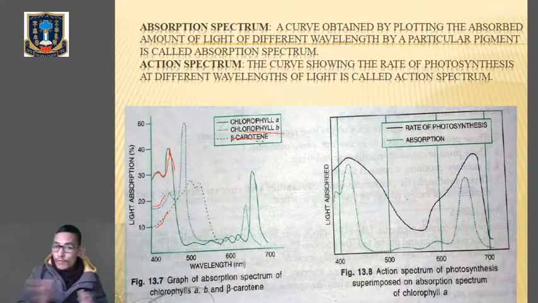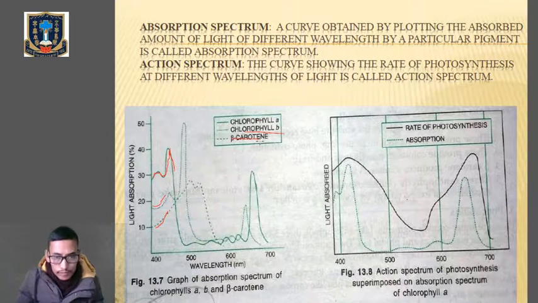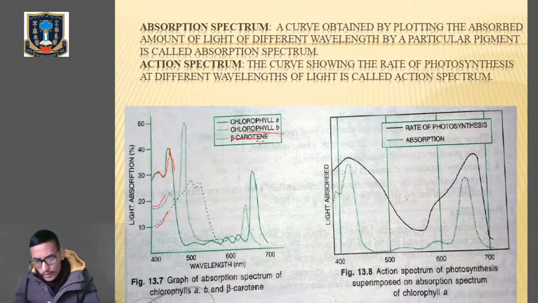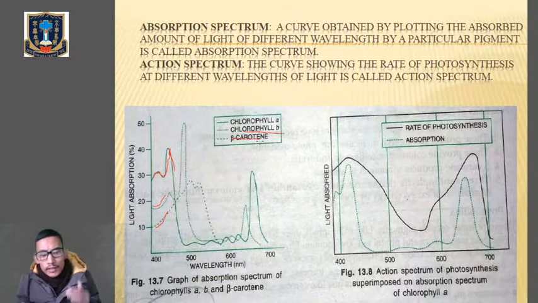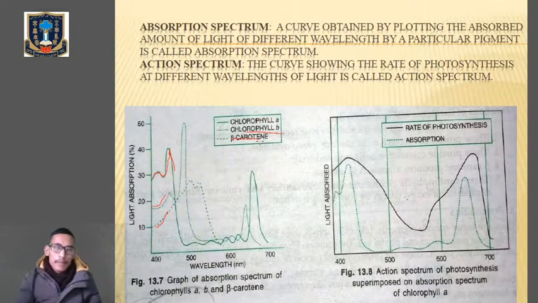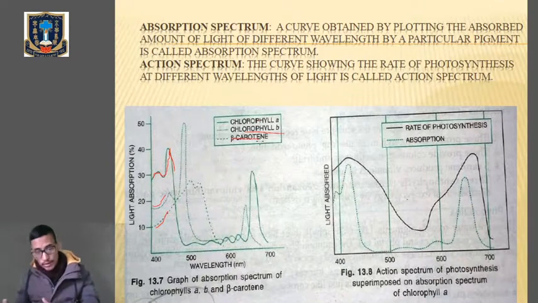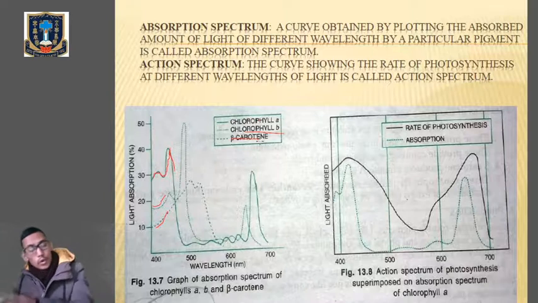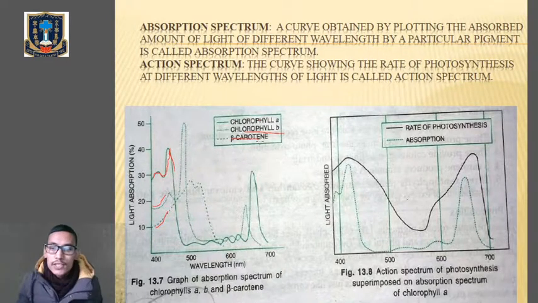So don't get confused between the absorption spectrum and the action spectrum. The absorption spectrum simply shows the wavelengths of light absorbed by the different pigments of photosynthesis, but when we plot the rate of photosynthesis at different wavelengths of light, that is called the action spectrum.